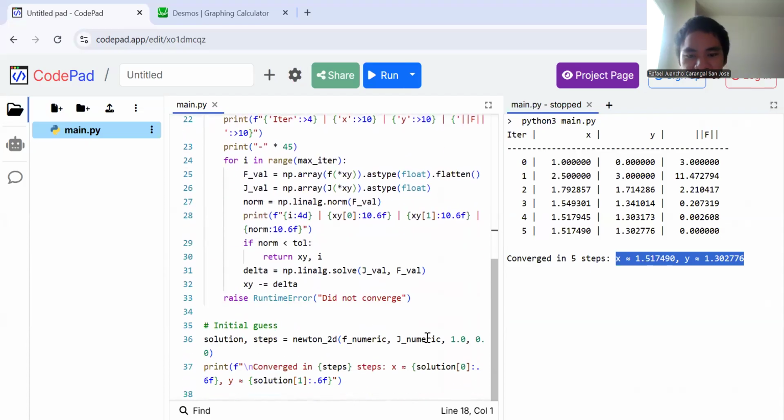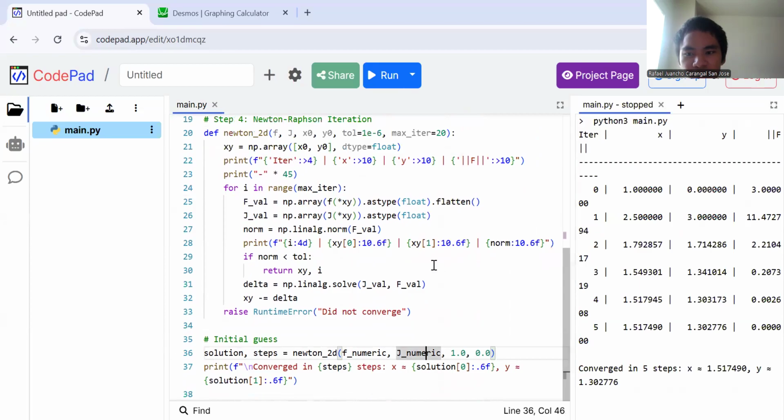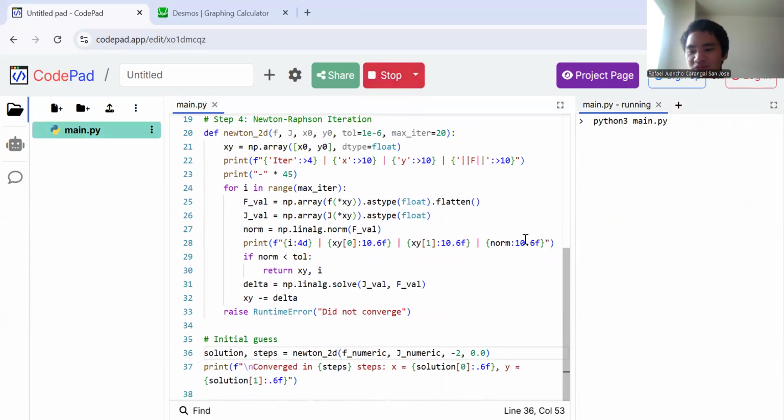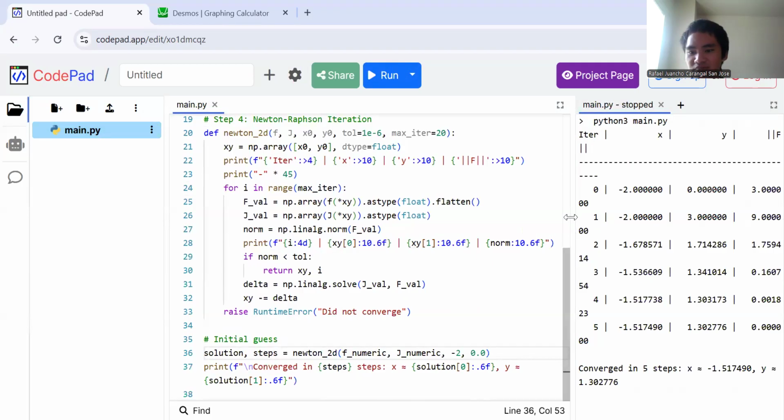Yes, because here I started from 1, and then my y is 0. So what if, let's say, I start from -2. If I do that, well, what's going to happen? Let me see. There we go.